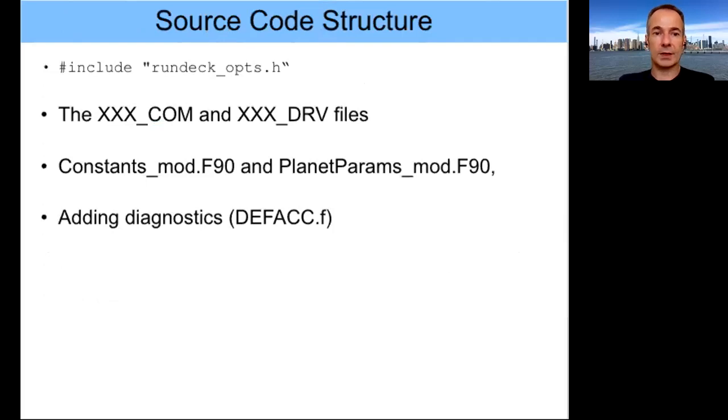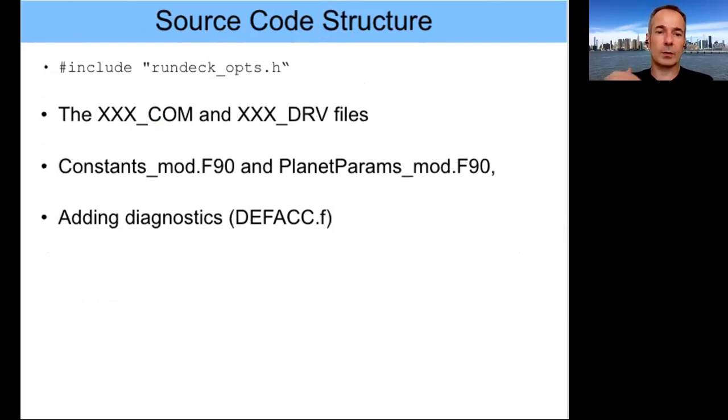So the source code structure. At the very beginning of the run deck, you will notice that there are some lines that start with a hash define, and then a word which can be cryptic or descriptive. These are C preprocessor options that are used in the model.